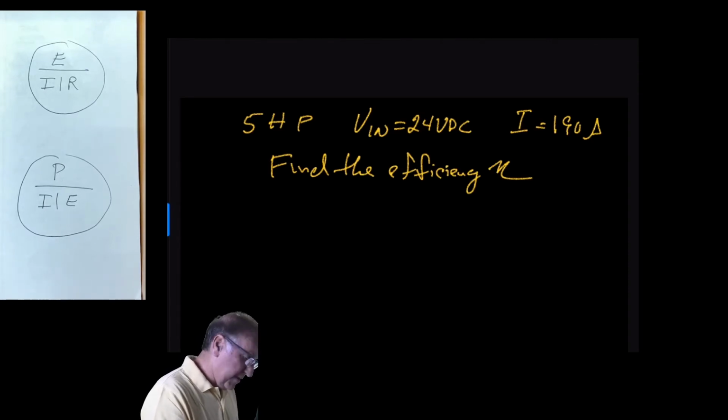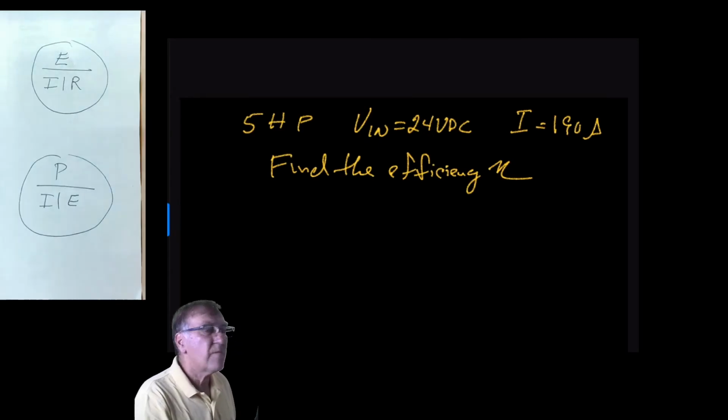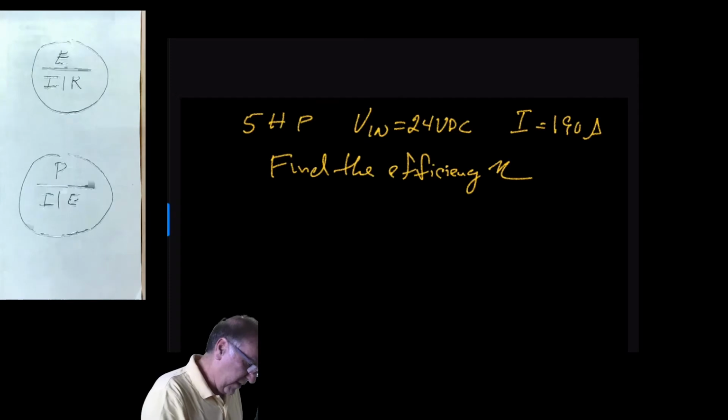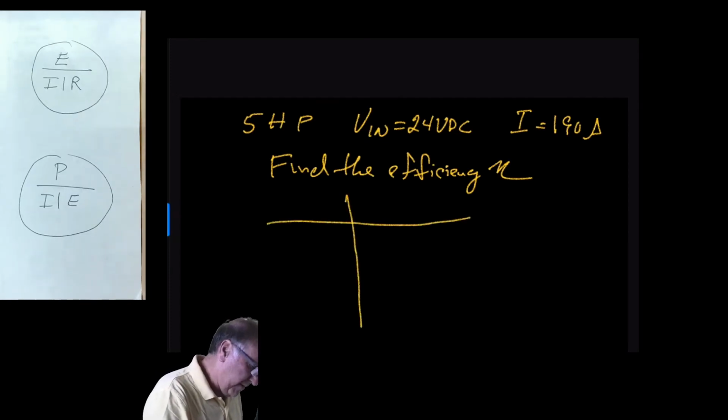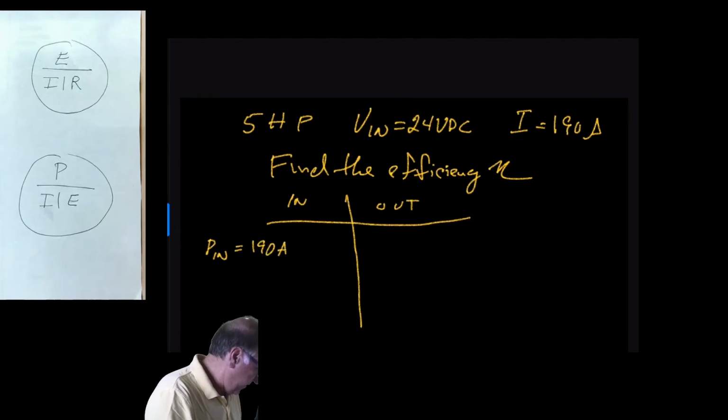So if we look at this, we can draw a chart like this showing our input power and output power. So Pin is equal to 190 amps times 24 volts equals 4.56 kilowatts.